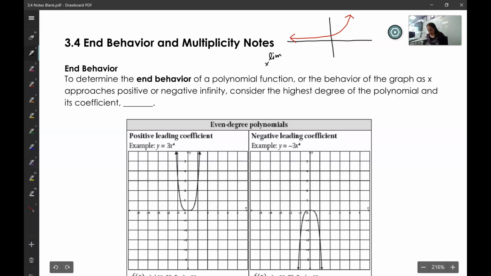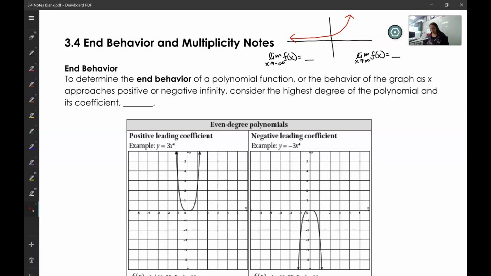And we always wrote end behavior like this and like this, where the first one is as x goes to negative infinity, or the left, and the second one was as x goes to infinity, or the right. And then we looked at the graph.